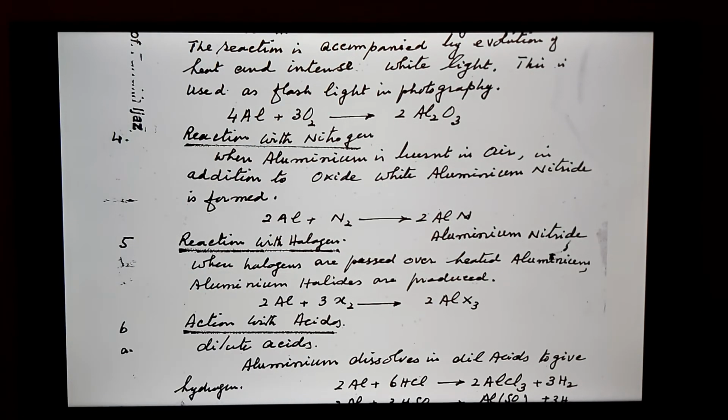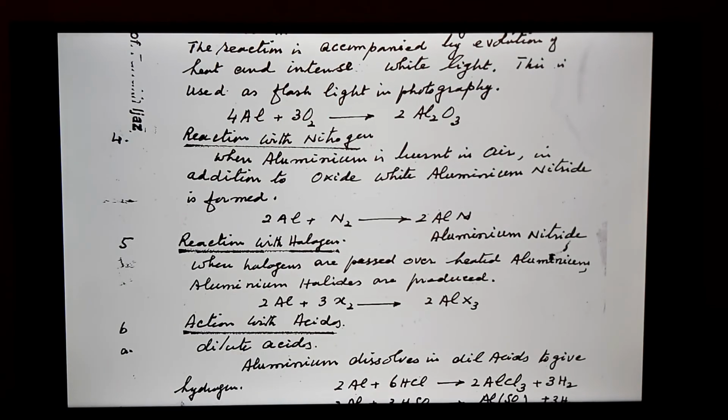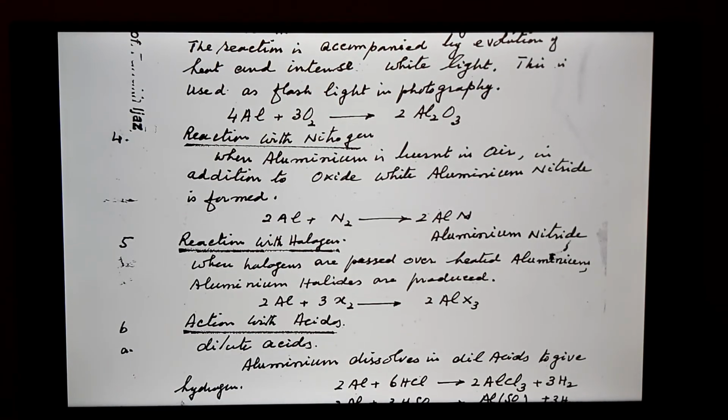Then is reaction with halogens. When halogens are passed over heated aluminium, aluminium halides are produced. Halides are the salts of halogens. Very simple, 2 aluminium plus 3 halogens give us aluminium halide.